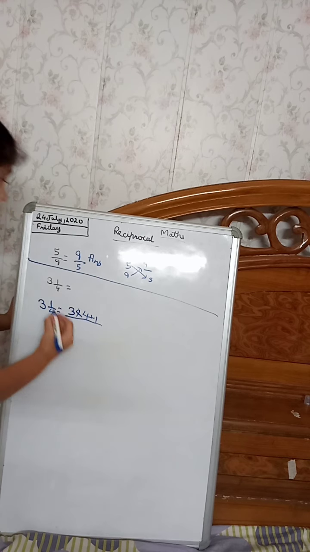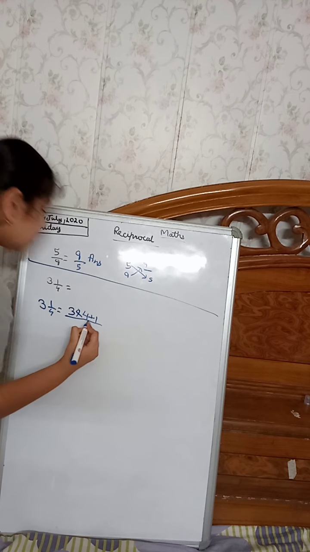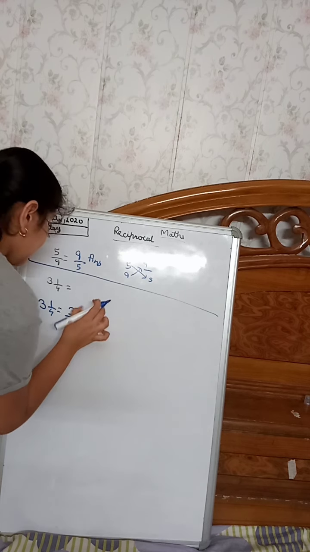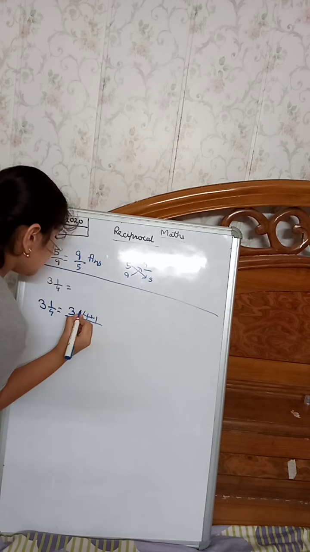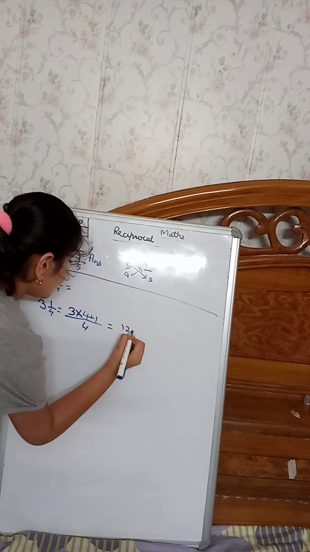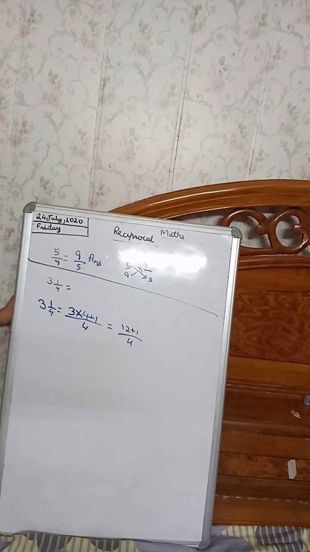In the denominator we will write 4 only, because it was the denominator from the start. After multiplying 3 with 4, we get 12, plus 1. When I multiplied 3 with 4, I got the answer 12.